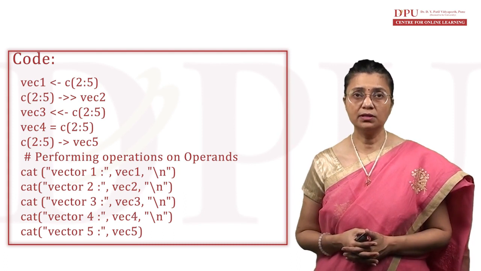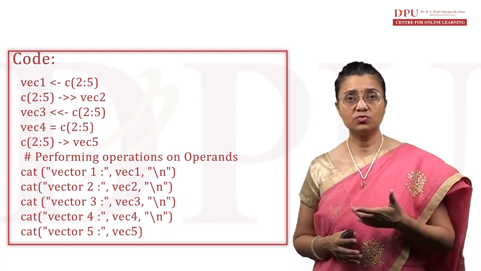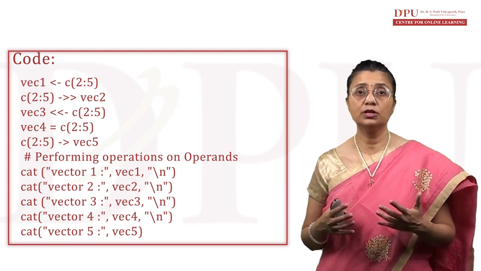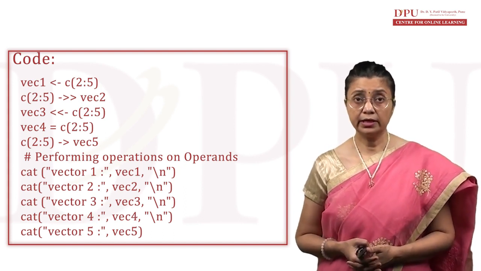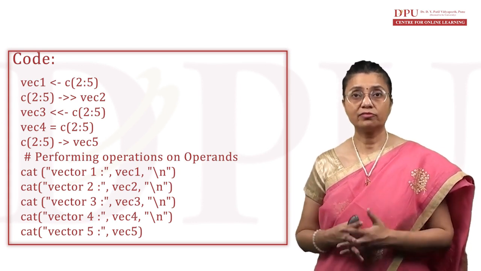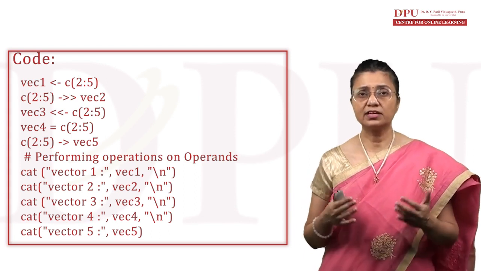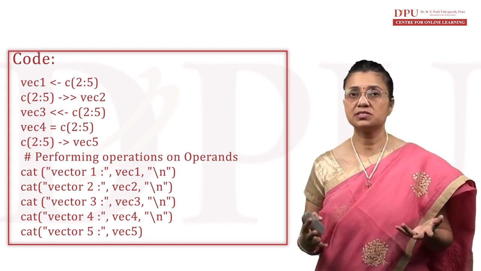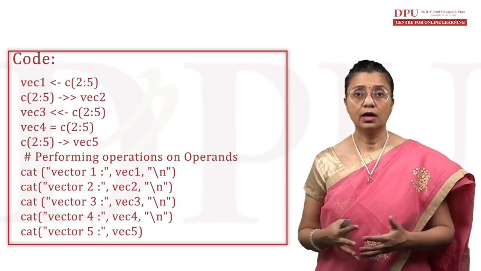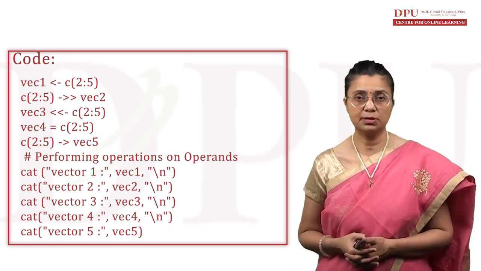Vector 4 equals 2:5. This is the fourth line, where the vector 4 variable is assigned with the form which is very popular in C, and we normally go with this operator in India. c(2:5) is assigned to vector 5. So here we have just stored the values in the vectors, and then the commands are simple, which is the cat command, which is as good as the printf command we have in the C language, or the cout command we have in C++.